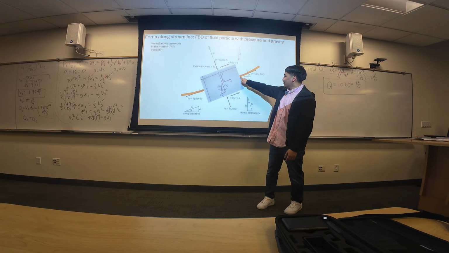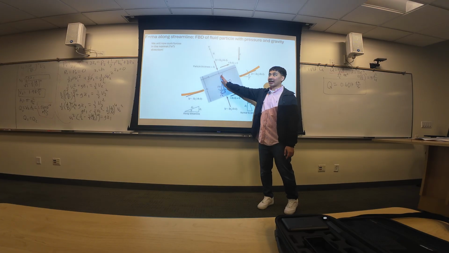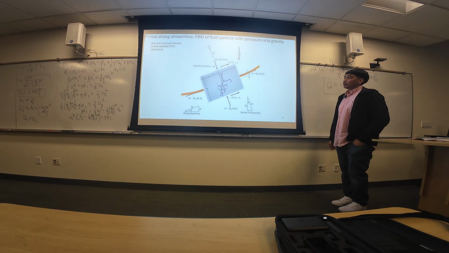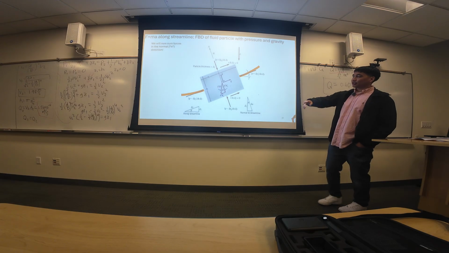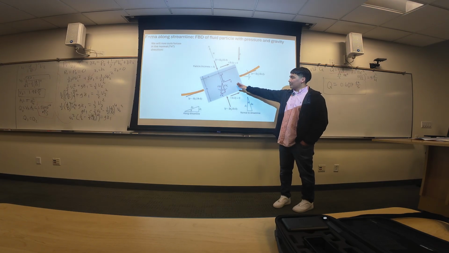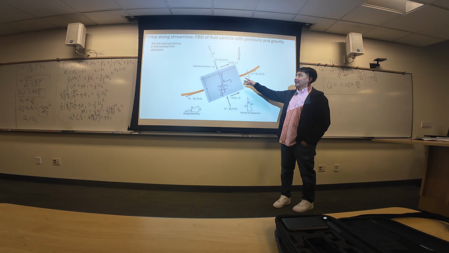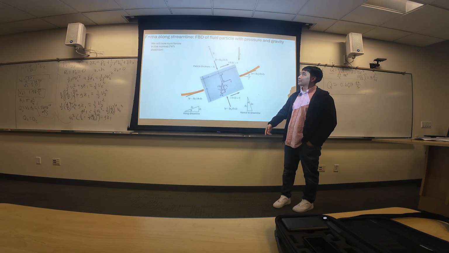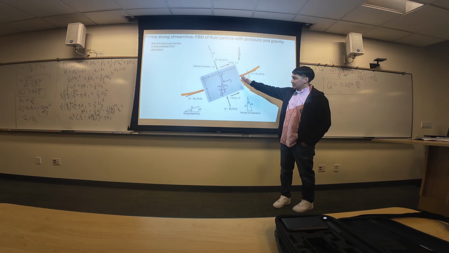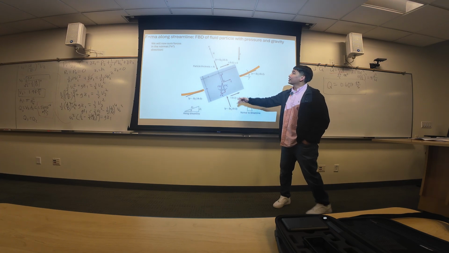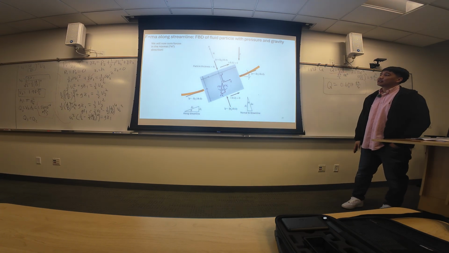S direction is at an angle, so streamline direction is S, normal direction is N. Last lecture, we summed the forces in the S direction and got Bernoulli's equation. Now we're going to sum the forces in the N direction, and we get a different equation that defines a pressure gradient.